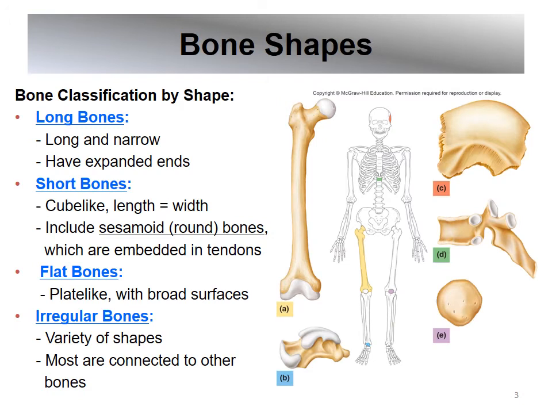In this one, they include sesamoid bones as a part of short bones. Some people do that. For us right now, I want you to think of this as its own separate category. That's why it makes 5. On this, there's only 4.